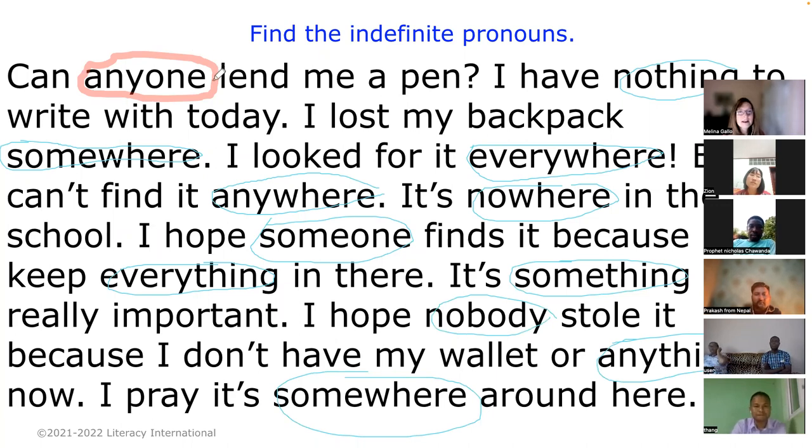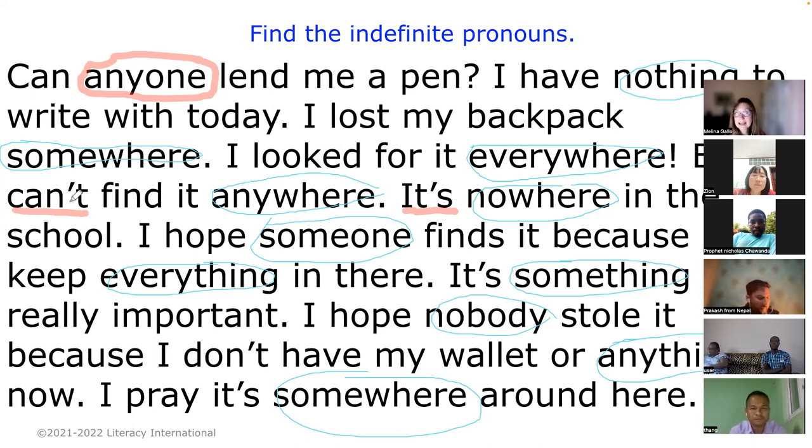And we can also have them look at the verbs that are going next to them. So like it is, or the contraction it's, nowhere in the school. So that is a positive. We use a positive verb with the no pronouns. And then here, I cannot find it anywhere.